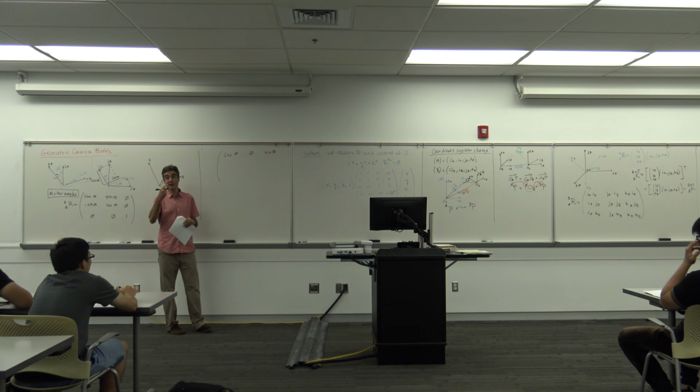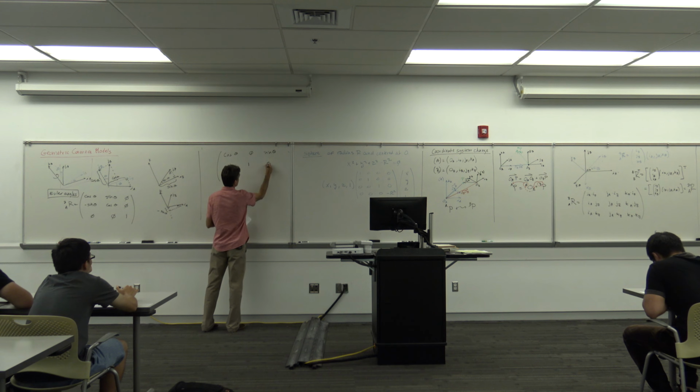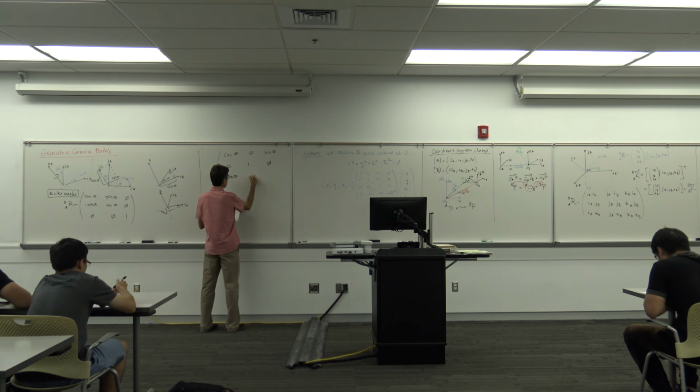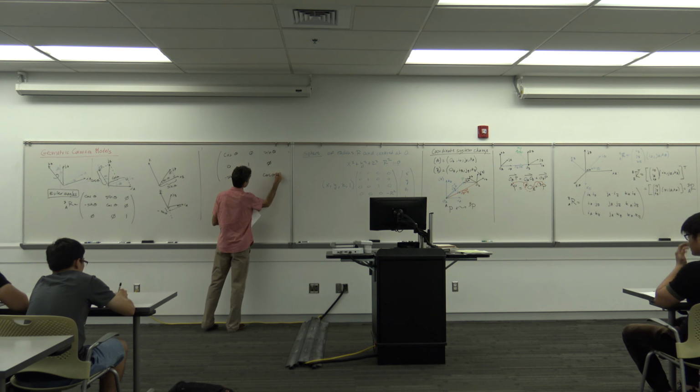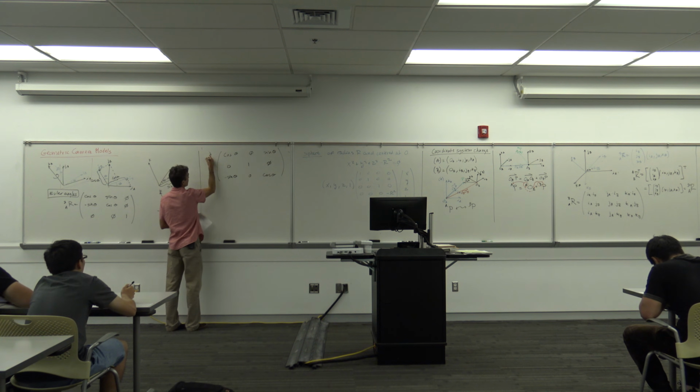If I'm rotating about J, J is orthogonal to I and K, so this is going to be 0, 0, 1, 0, negative the sine of the angle, 0, and the cosine. Excellent. So this is if I rotate about J.